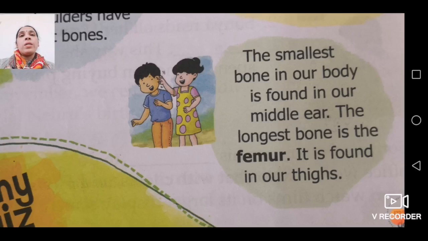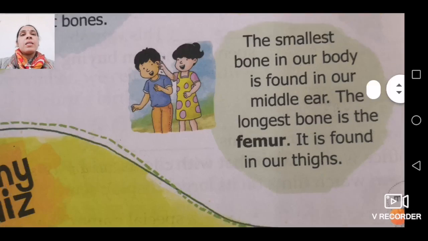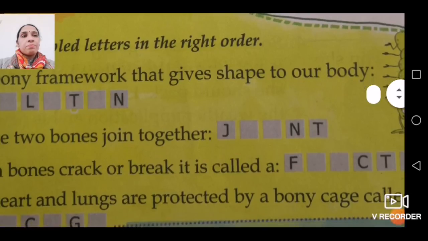It is found in our thigh, that is also called the thigh bone. The femur is the longest bone in our body, and the smallest bone is present in our ear. So you all will remember these two important things related to bones.